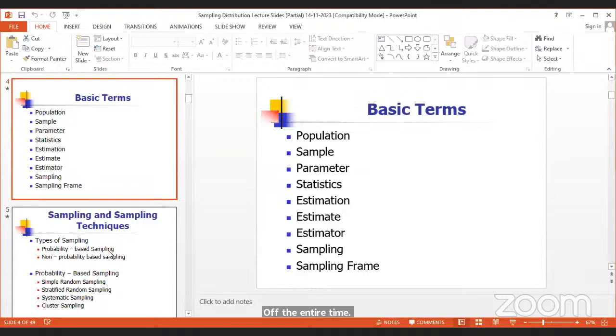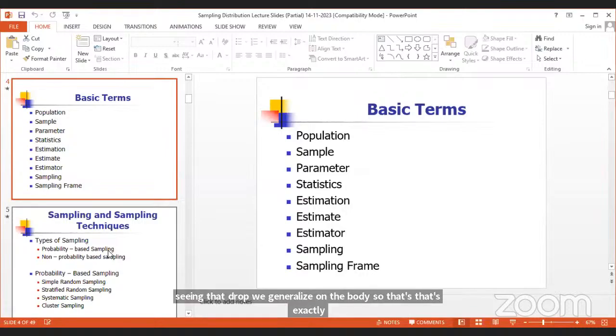It's not feasible most times to study the entire population. Because someone is sick and you want to determine whether that person has malaria parasite in his blood, do you need to suck the whole blood dry to test? No, it's not feasible. So you just take a little drop and observe, and whatever you see in that drop, you generalize on the body. That's exactly what we do when we take a sample from a population.